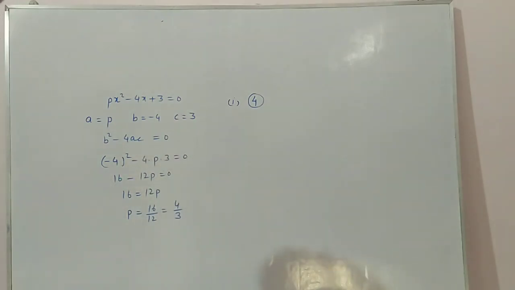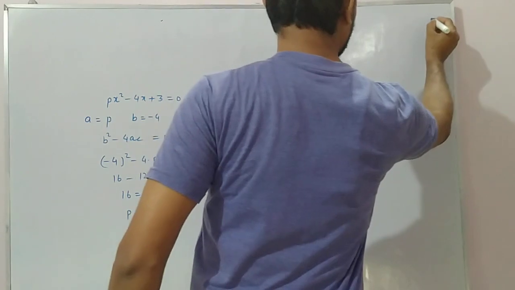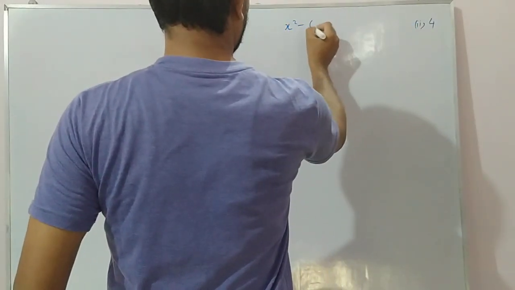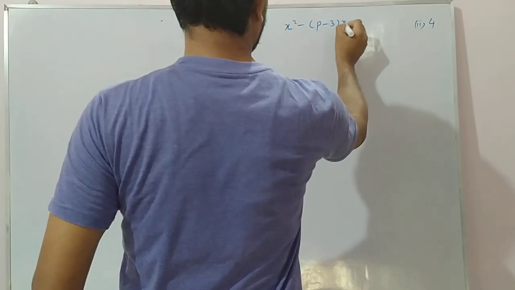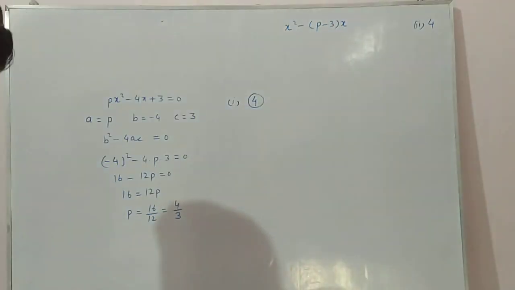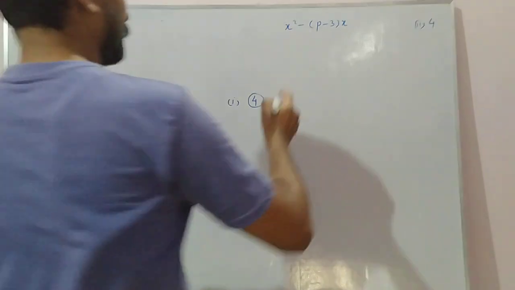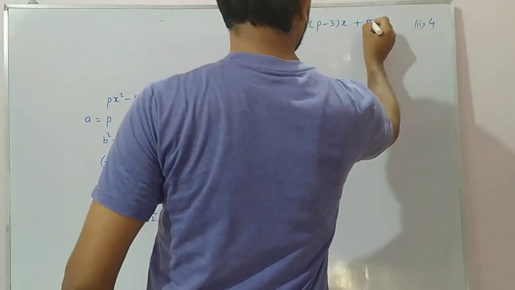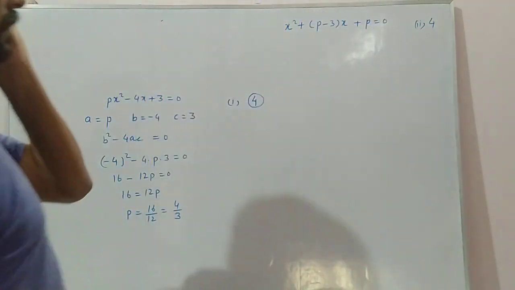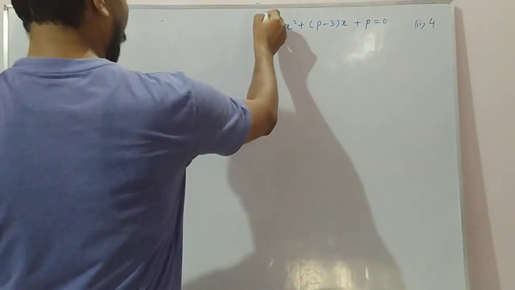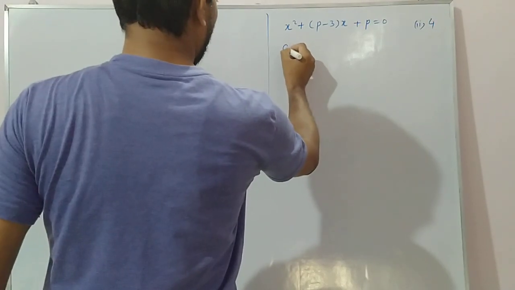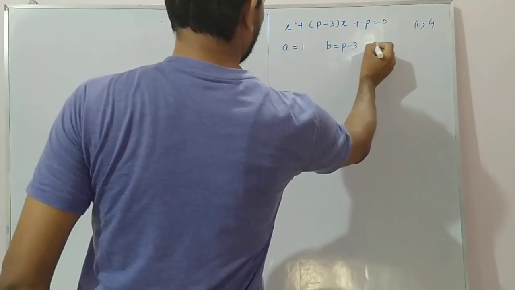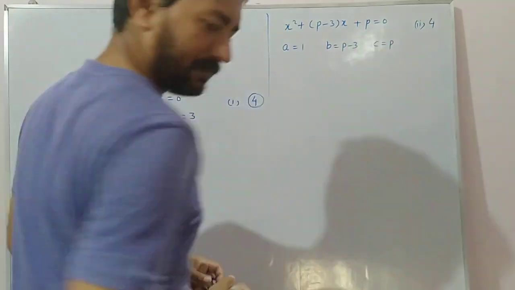It is x square plus p minus 3 into x plus p equal to 0. Now see here. Here a is 1, b is p minus 3, c is p.